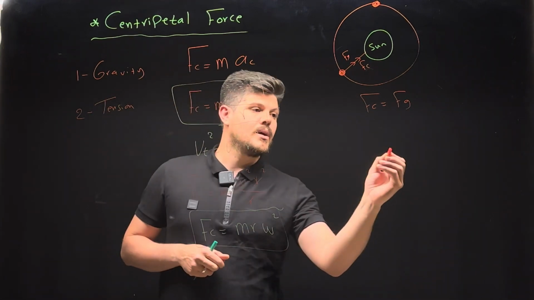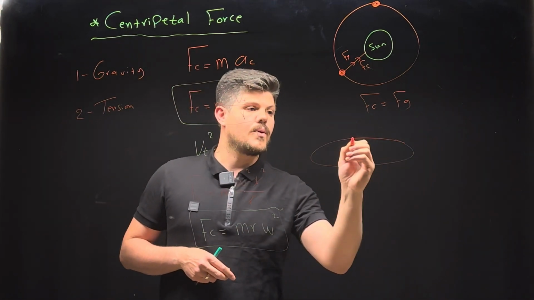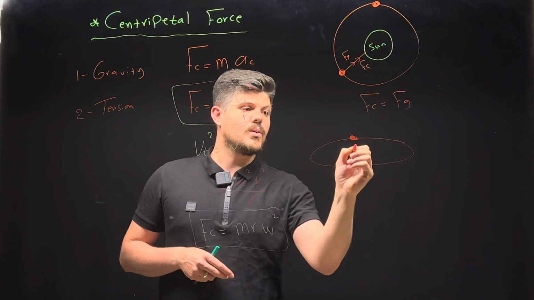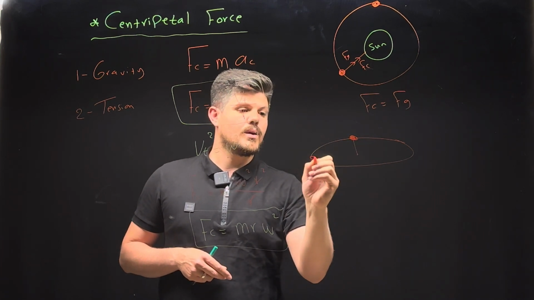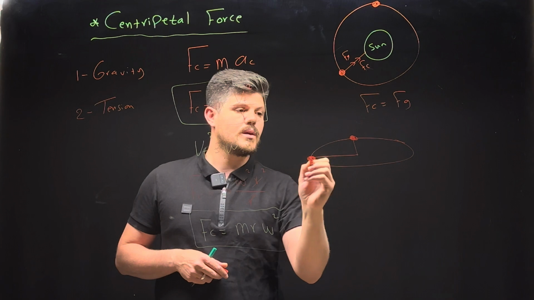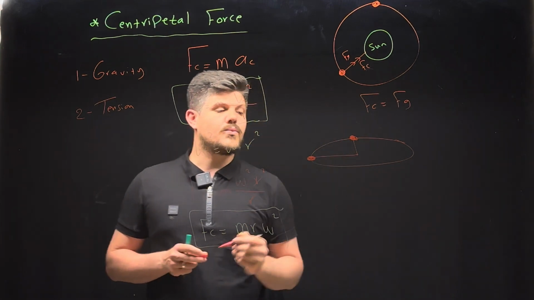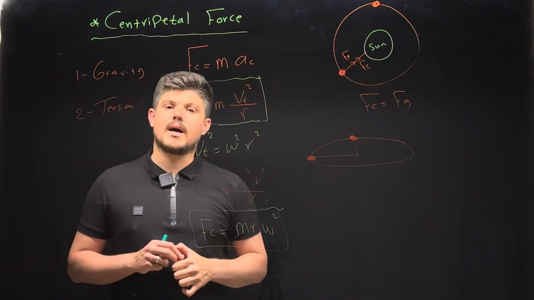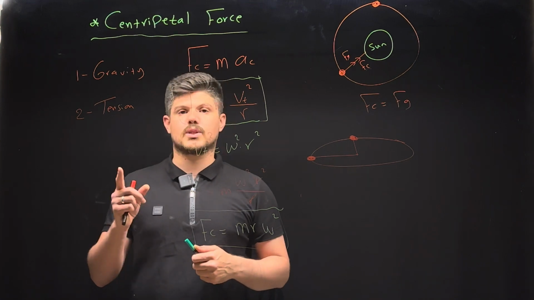This force of tension maintains the object in a circular path. For example, when the ball is moving in a circular path, the force that keeps the object in this circular path is the tension force.